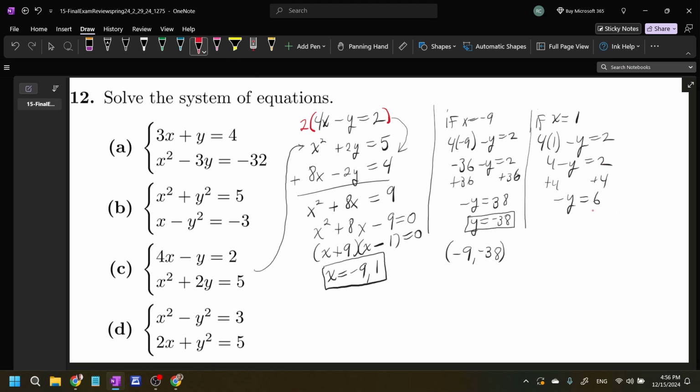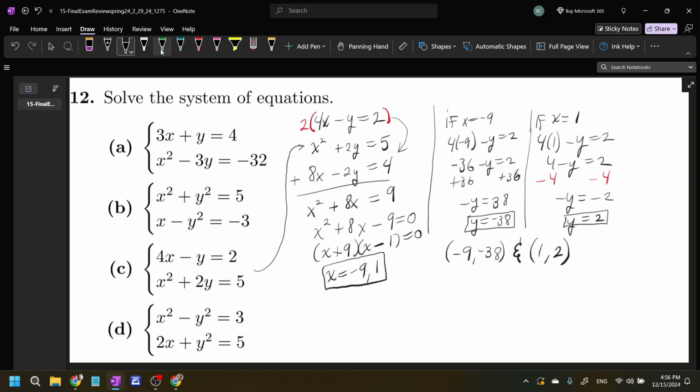I meant to subtract 4. Let's rewind. Subtract 4. That's going to give us negative y equals negative 2. So therefore y equals 2. That's our second y value. So our other solution is going to be 1 comma 2.